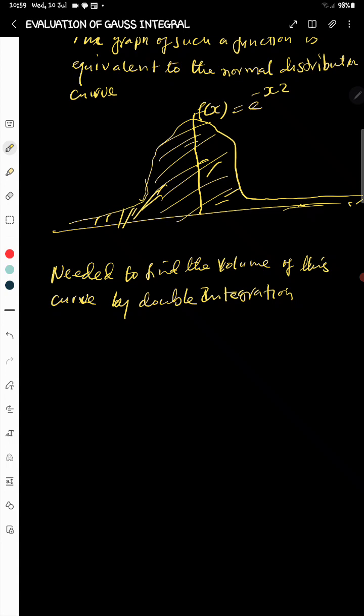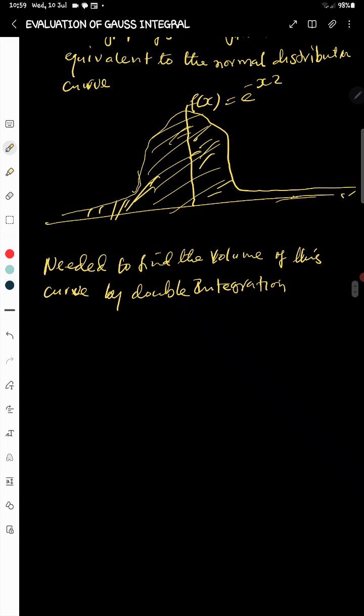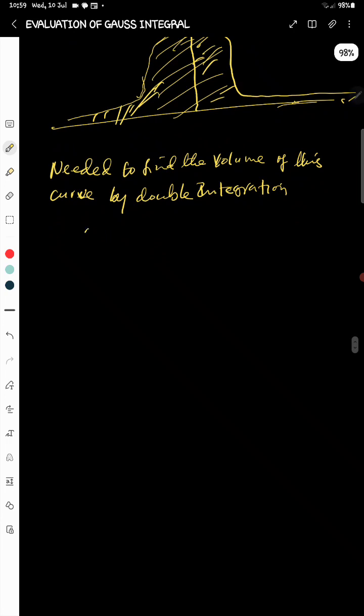So here we are having the following analysis. Analysis of the integration.